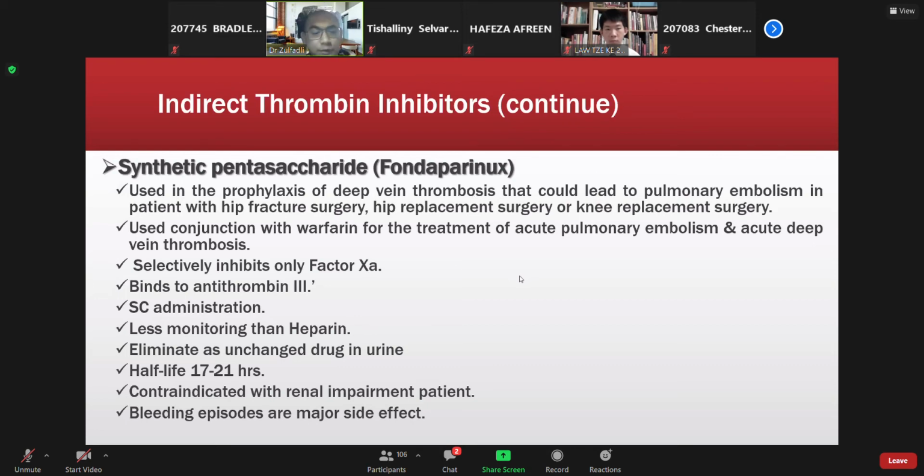It is usually used in conjunction with warfarin for the treatment of acute pulmonary embolism and acute deep vein thrombosis. Fondaparinux selectively inhibits only factor 10A, binds to antithrombin 3, and is given subcutaneously. It also needs less monitoring compared to heparin.